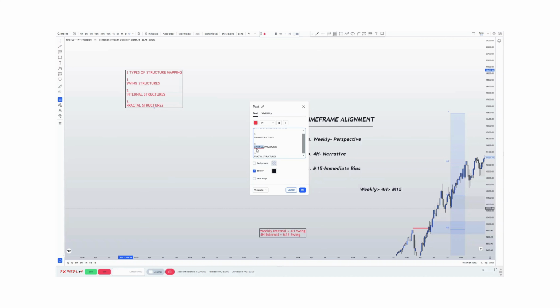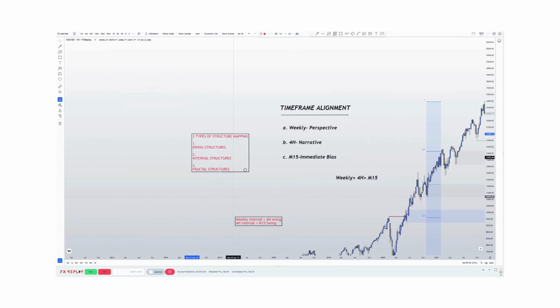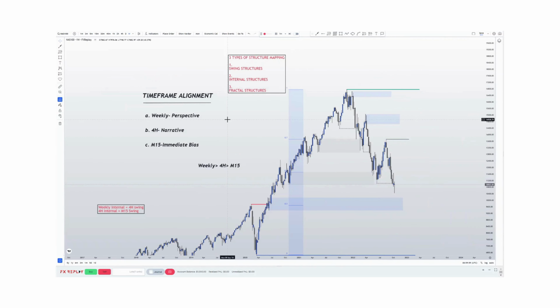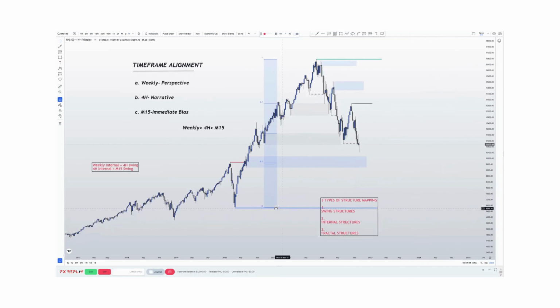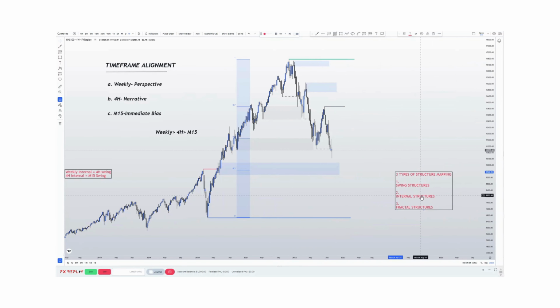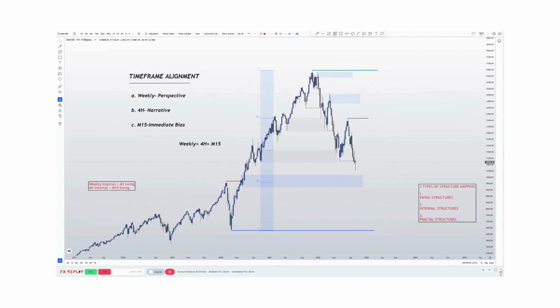Now, the swing is symbolized by this blue. In my markings, the swings are symbolized by a blue and a green line, whereby the blue is a protected swing and the green is a weak swing.